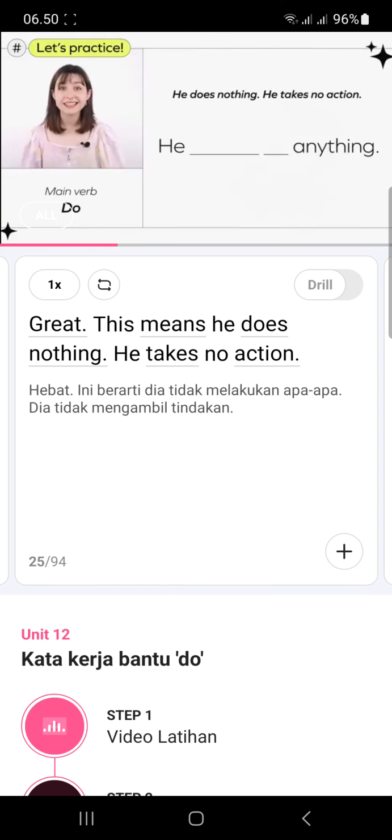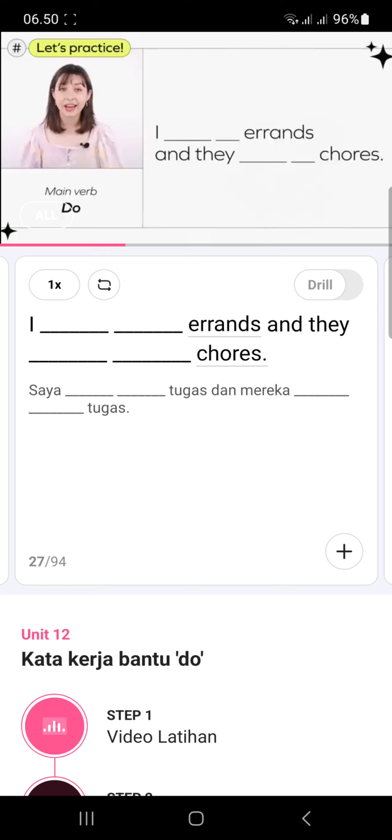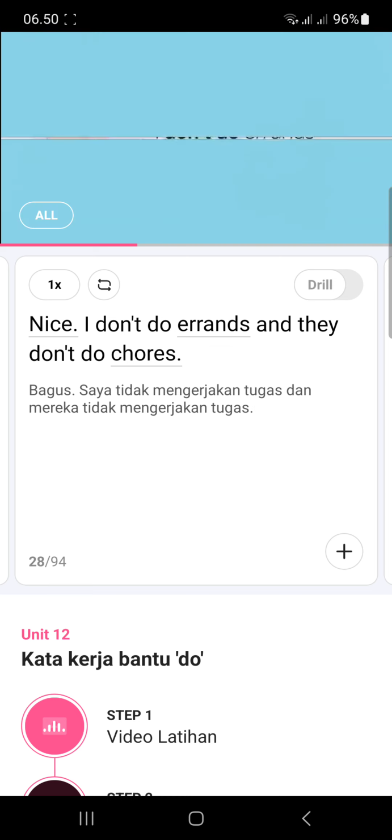Great. This means he does nothing. He takes no action. He doesn't do anything. I, errands, and they, chores. Nice. I don't do errands, and they don't do chores.